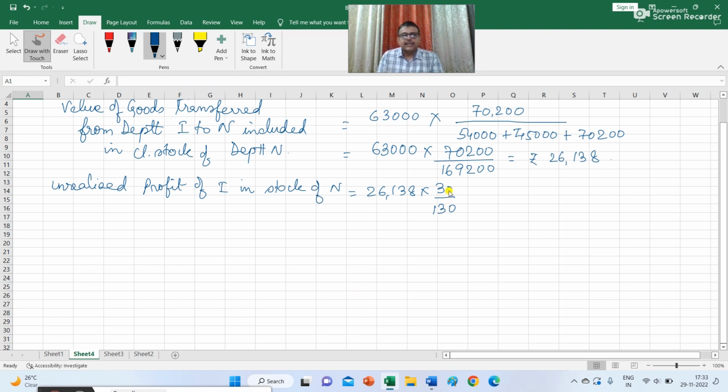So I have to write here 30 by 130. This is the unrealized profit in the closing stock of Department N. So you will get 6,032.